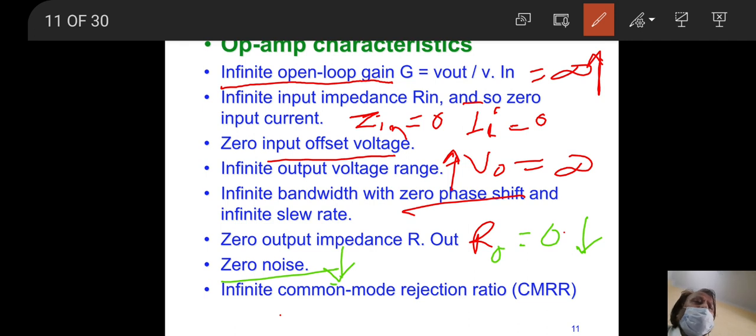So you can say CMRR, the common mode rejection ratio, is infinite. The rejection ratio shows how input signals reach the output signal. Here the op-amp is used for very low input signals. So you have to reduce the noise contained on the input side.